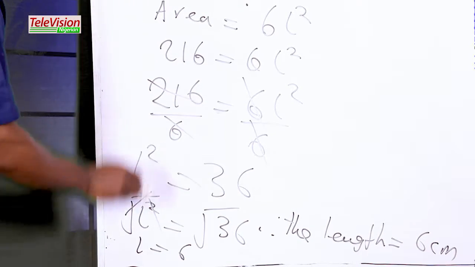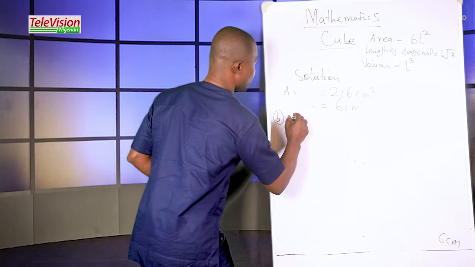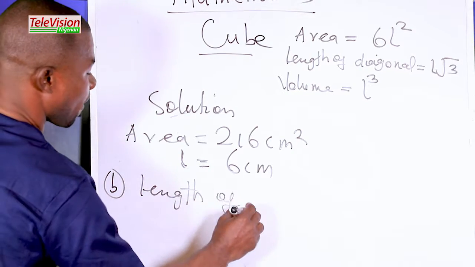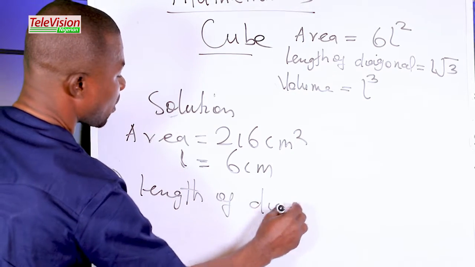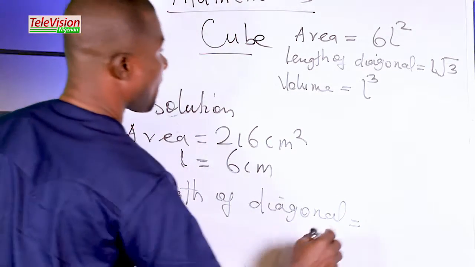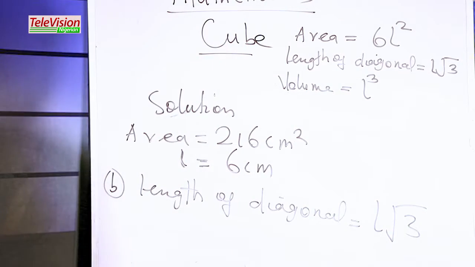We use this length to look for the diagonal. And the formula of length of diagonal is equal to L square root of 3.